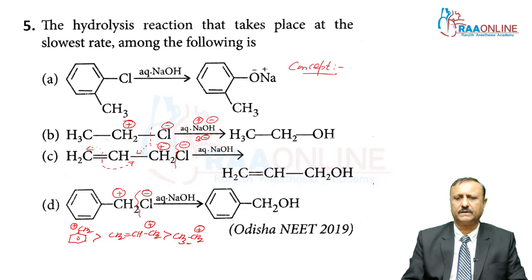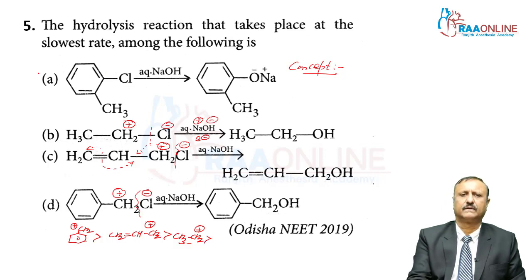Here you can see this is less stable, but this is more stable than the cation in option A. Here you can see in option A, Cl and carbon atom. Here this single bond is also converted to double bond, because this chlorine atom accepts these electrons, my dear friends, and these electrons are resonating with this chlorine atom, or the lone pair of electrons of chlorine is also present in a resonance form in this benzene.